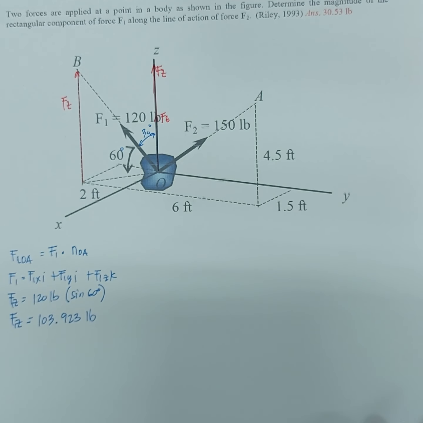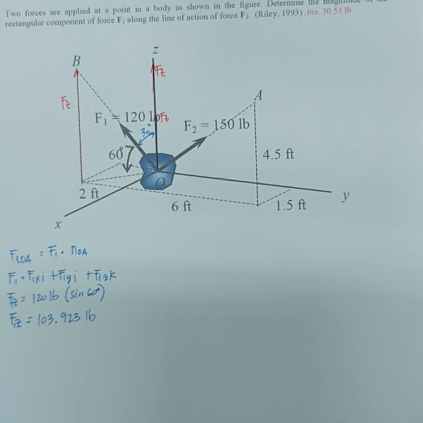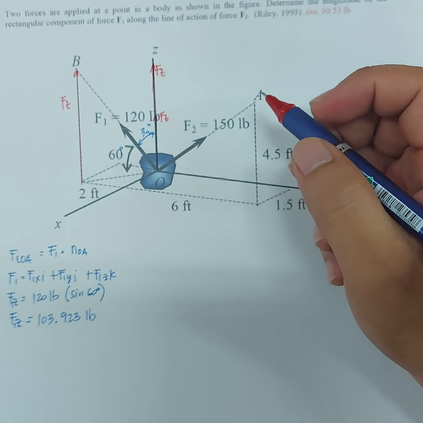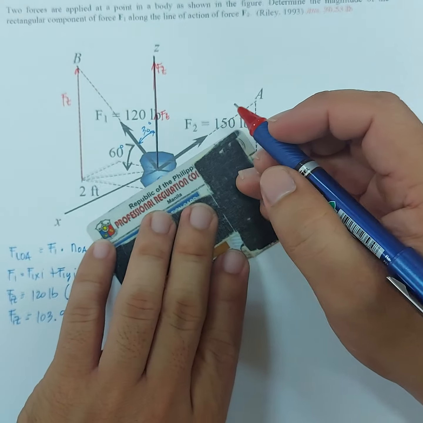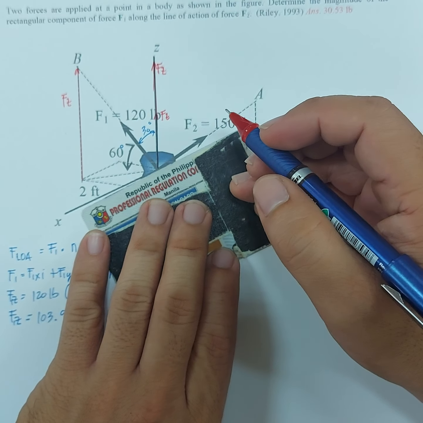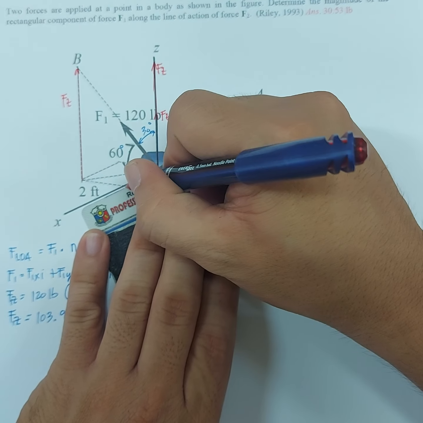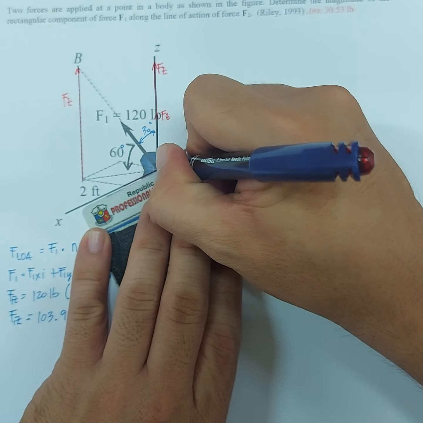Next, we solve for F1x and F1y. So nasan yung F1x, F1y natin? Andito yung F1x natin. Ito, yung component natin along x, and nandito naman yung ating component along y.